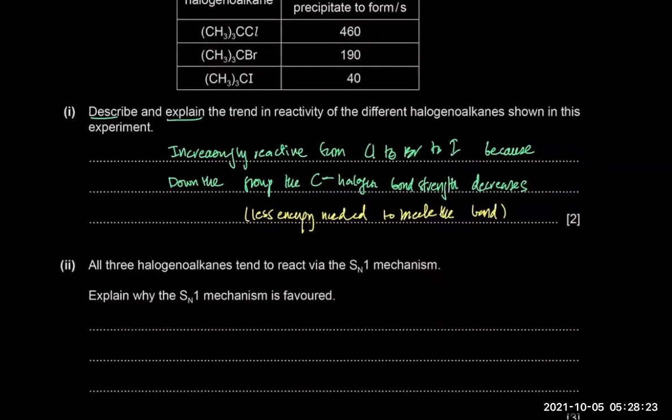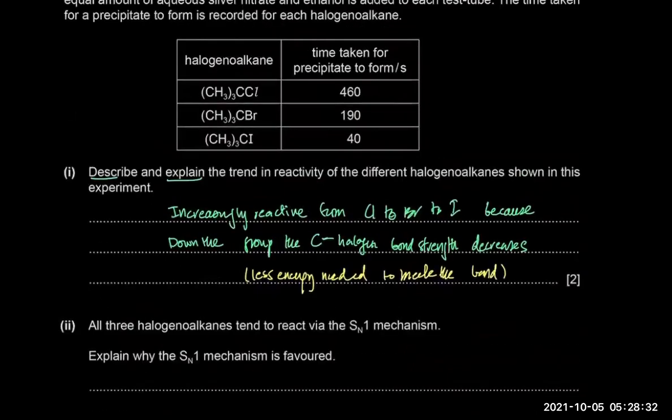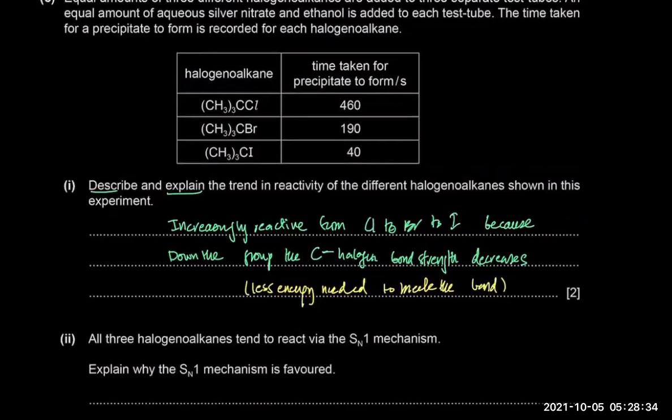All 3 halogenoalkanes tend to react via the SN1 mechanism. Why do they prefer the SN1 mechanism? They're all tertiary halogenoalkanes, so they all form tertiary carbocations.